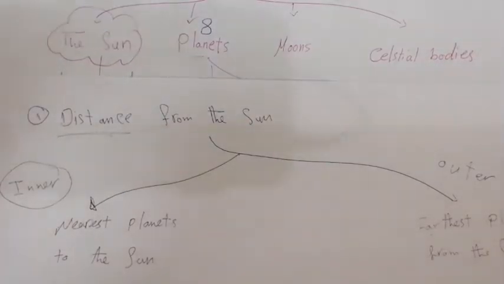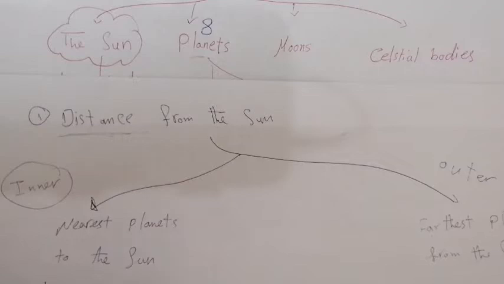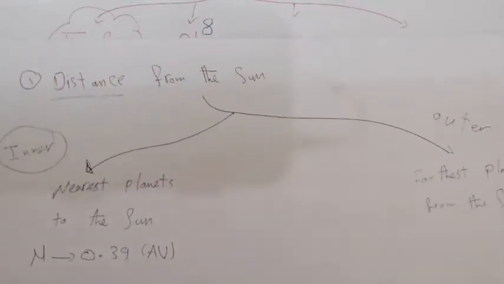Distance from the sun. Mercury is only 0.39 AU. And if anyone doesn't know what these letters refer to, they refer to astronomical unit.